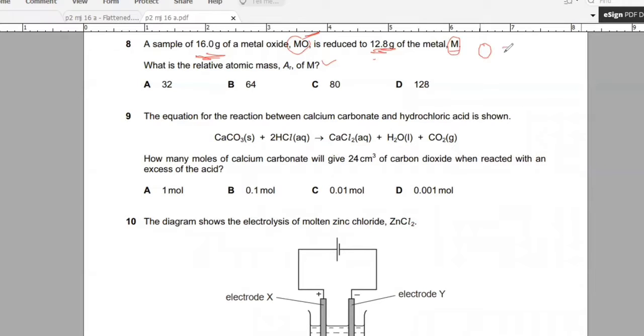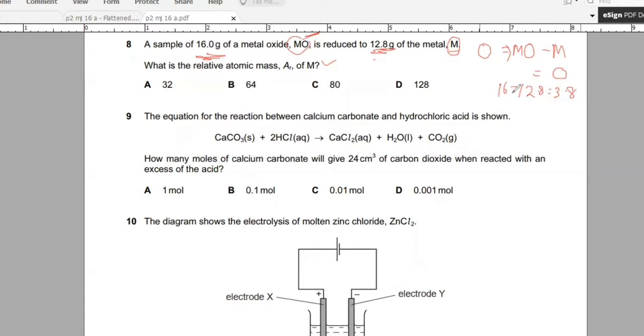Just by subtracting: MO minus M will give oxygen. This is MO. If we subtract M, then we will obviously get O, oxygen. So MO is actually 16 gram, minus 12 gram. Use the calculator and get the appropriate answer.